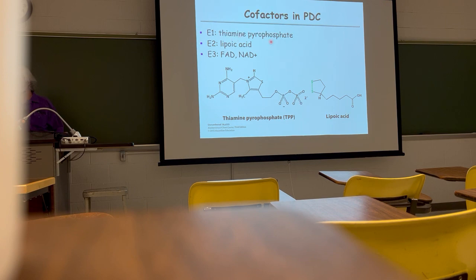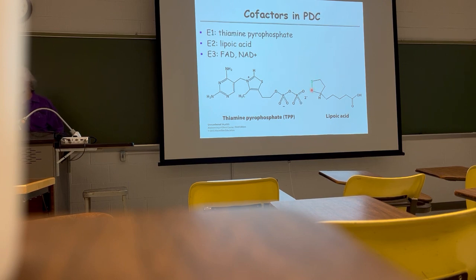One is thiamine pyrophosphate. So here's thiamine pyrophosphate. This comes from a B vitamin, so you have to get thiamine in your diet from a vitamin. Your own cells can't make this molecule. The other one is lipoic acid. And lipoic acid is an 8-carbon carboxylic acid with sulfurs on carbons 6 and 8 that form a disulfide bond.